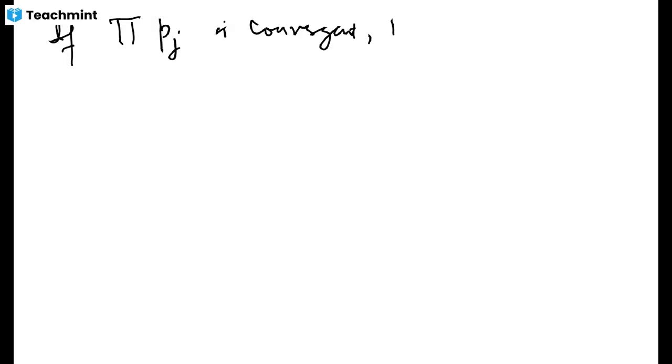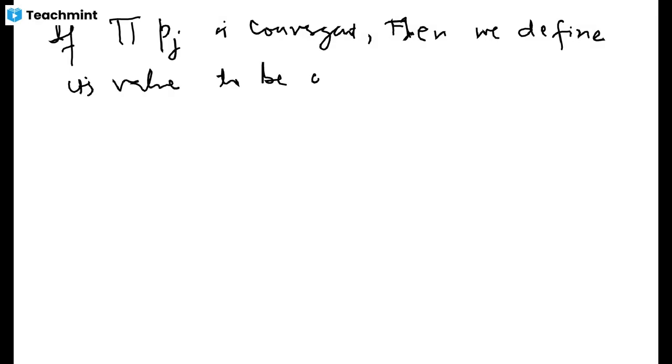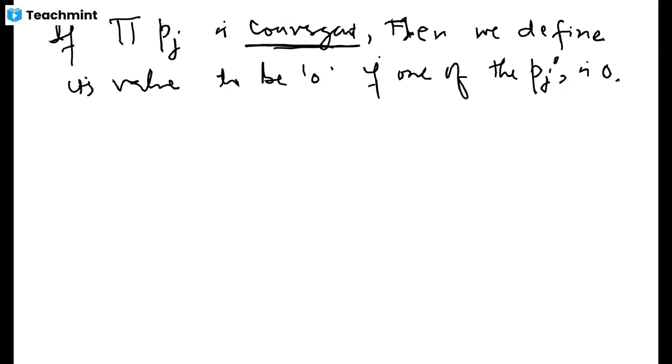Then we define its value to be 0 if one of the pj is 0. Be careful, we are defining its value to be zero only when it is convergent. If it is not convergent, and some values are zero, then we cannot define its value to be zero.